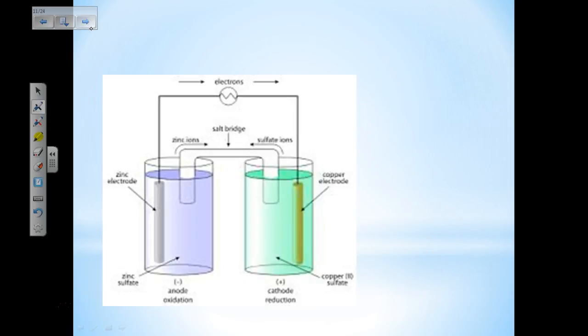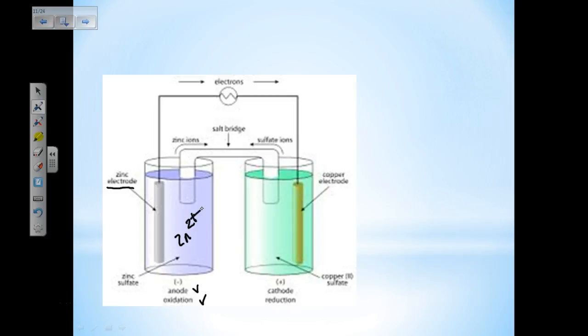Now if we take a look at the voltaic cell, let's see what's going on here. What we have is a zinc electrode. We'll figure out if that is the anode. Oxidation is occurring here, and inside here we have zinc 2+ ions, zinc sulfate.